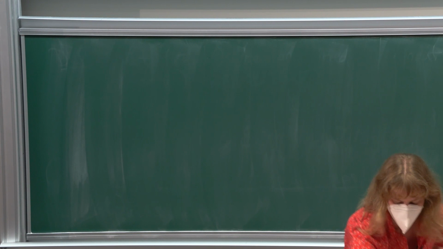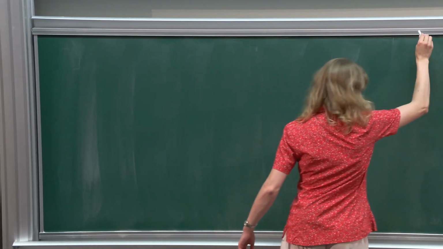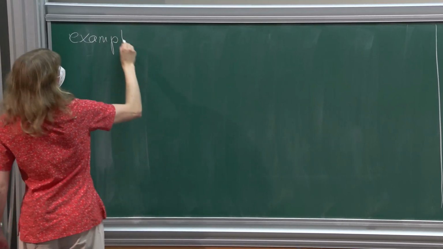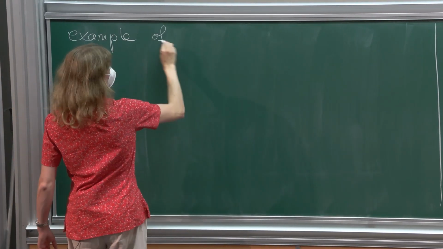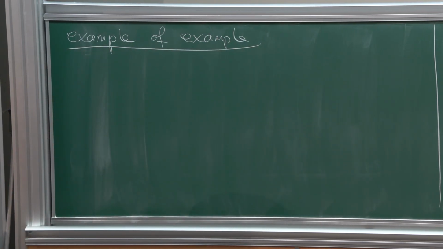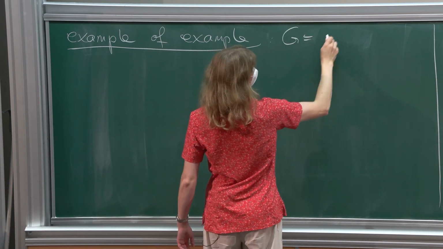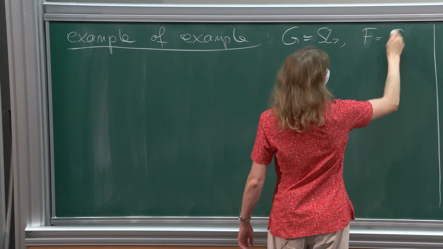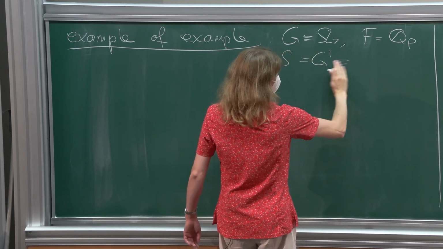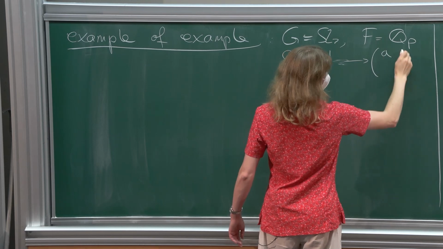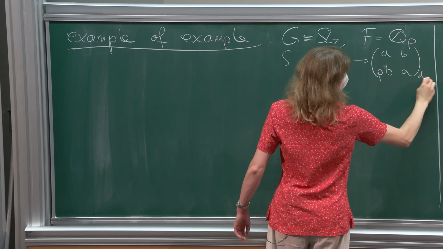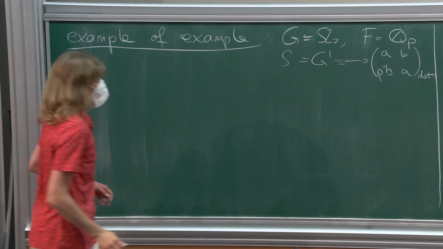Let's stop erasing here for a moment. So, example of example. You see, actually that's something down to earth. G being SL2, my favorite example, F being Q_p, and S, which I call G', corresponding to these matrices (a, b; pb, a) with determinant equal to 1.